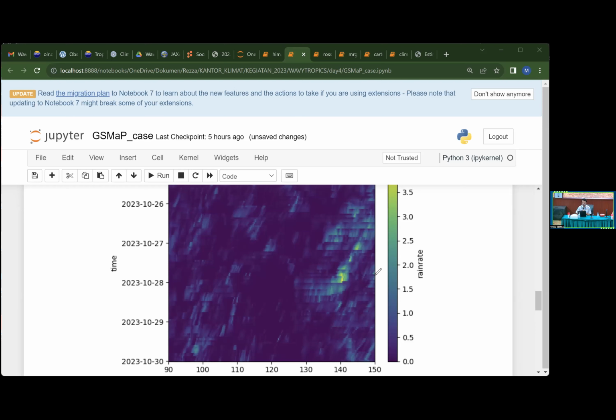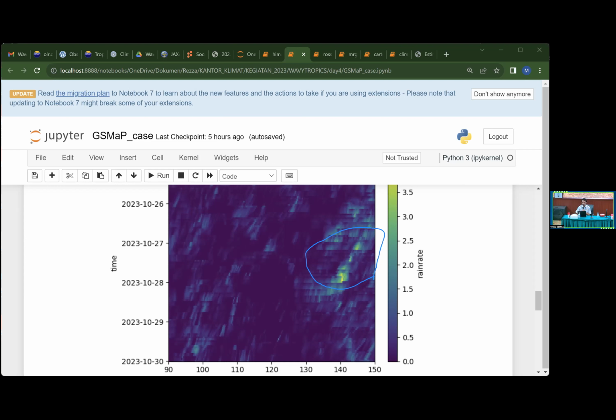So maybe I will draw. Like this. You remember the satellite animation I showed before? This 140 is the longitude for the Papua area. It shows the cloud cluster which each day is moving to the west.